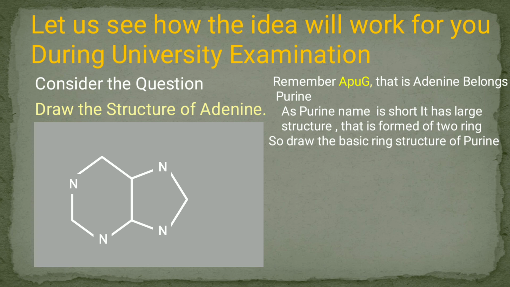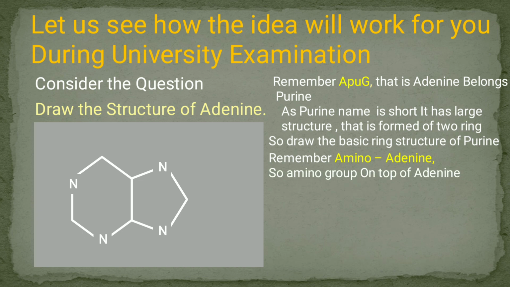Now you have to remember amino adenine, that indicates adenine contains an amino group on top. So we can just draw the amino group on top. Now there is nothing left, you have to fill the valency in the way that I have mentioned.